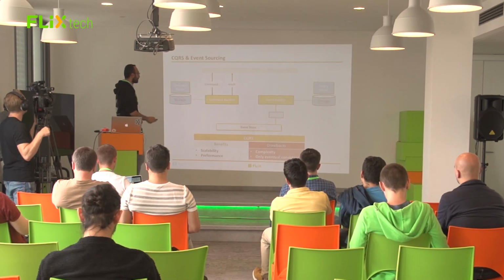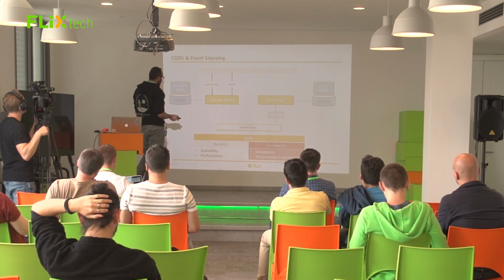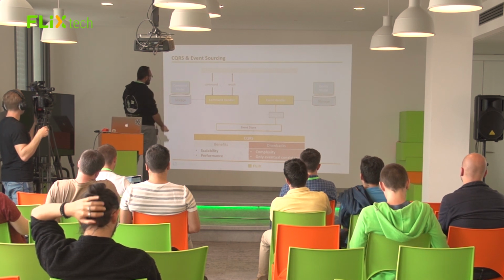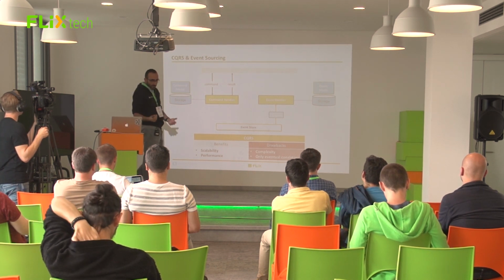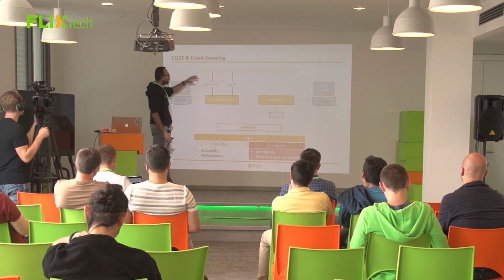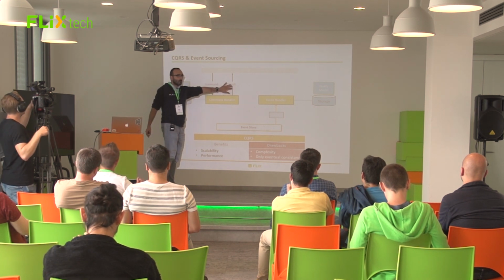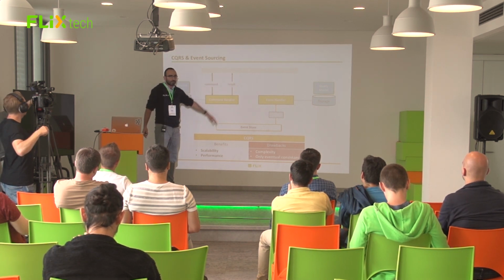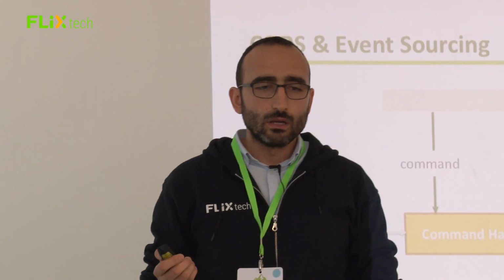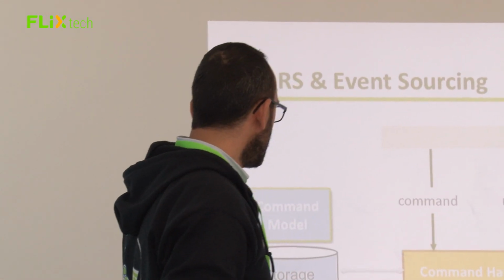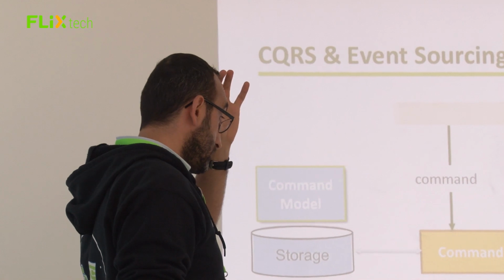We can fire up like 50 or 100 instances of it. And this also brings us performance benefits, and because of the quick response of the command handler, we also have good performance on the write side.